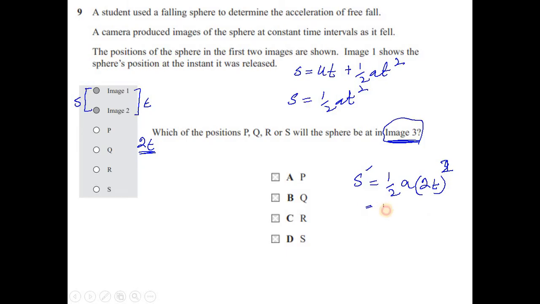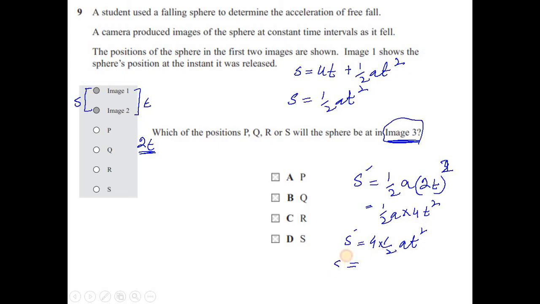So half of a into 4, 2 squared is 4, and t squared. I'm not cancelling 2 and 4, I'm just rearranging. 4 I'm bringing before half, so 4 times half of a t squared.